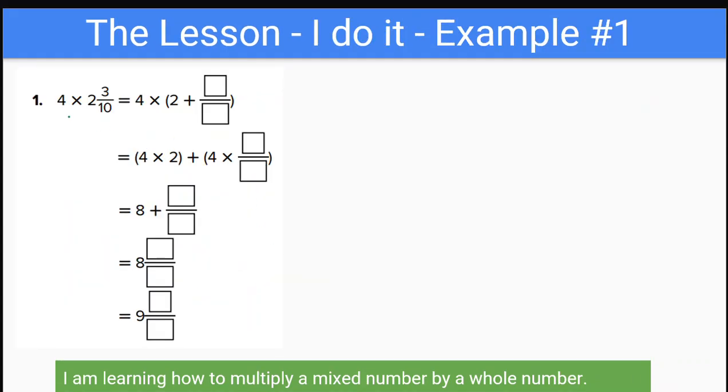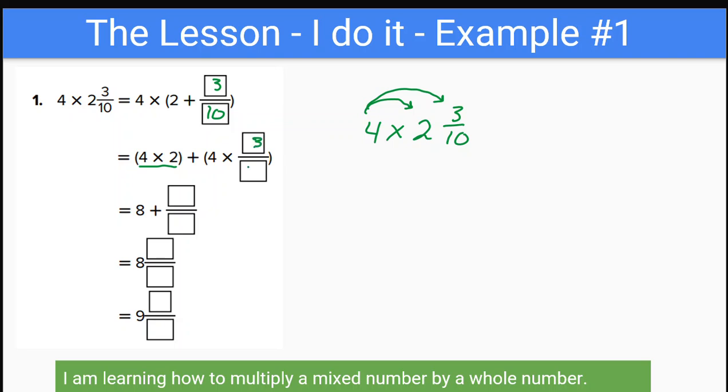It says 4 times 2 and 3/10. So I'm going to write it over here. 4 times 2 and 3/10. Same thing, right? We're going to go 4 times 2 first, and then we're going to go 4 times 3/10.